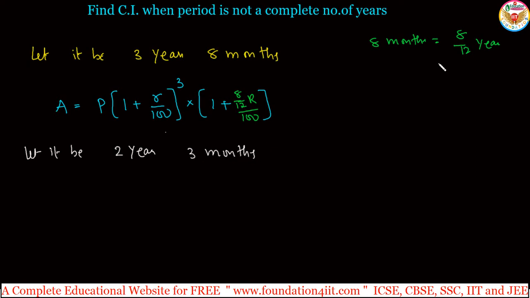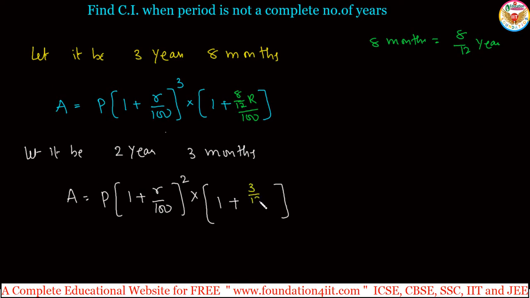Instead of converting into years, 8 months is 8 by 12 years, so we wrote 8 by 12 R. If it is 2 years 3 months, the formula is amount equals P into (1 plus R by 100) to the power 2, the number of years, multiplied with one more bracket: 1 plus 3 by 12 into R by 100, that is 3R by 1200.